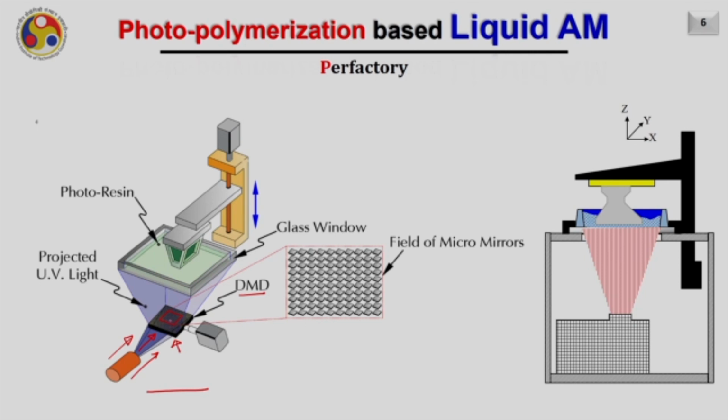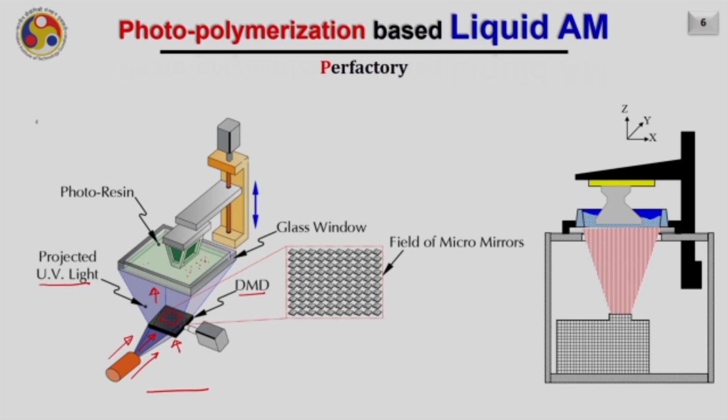As these mirrors can oscillate about their axis, they appropriately project this light towards the build platform. Now this is the build platform and the liquid resin is available here. As the light is going from the bottom, the bottom side of this bed has to be transparent to the UV light.